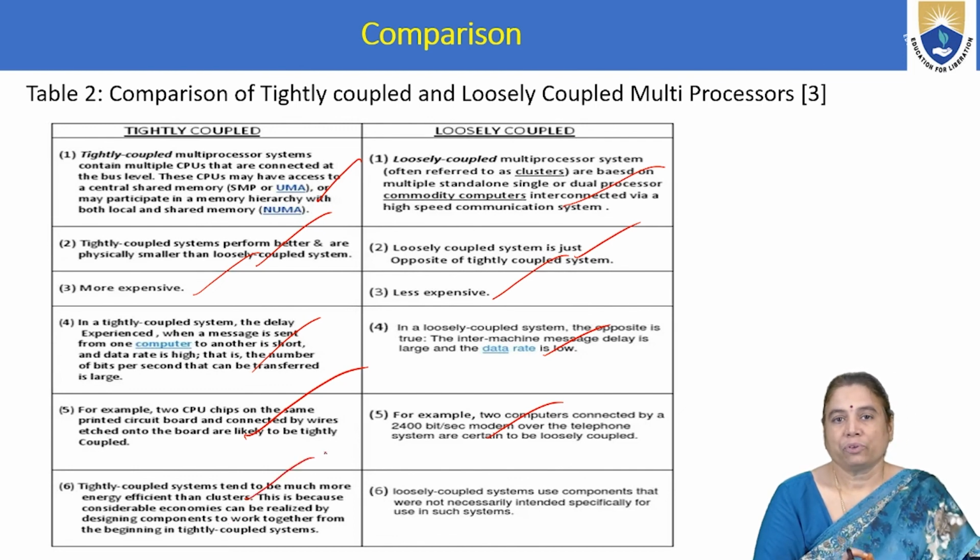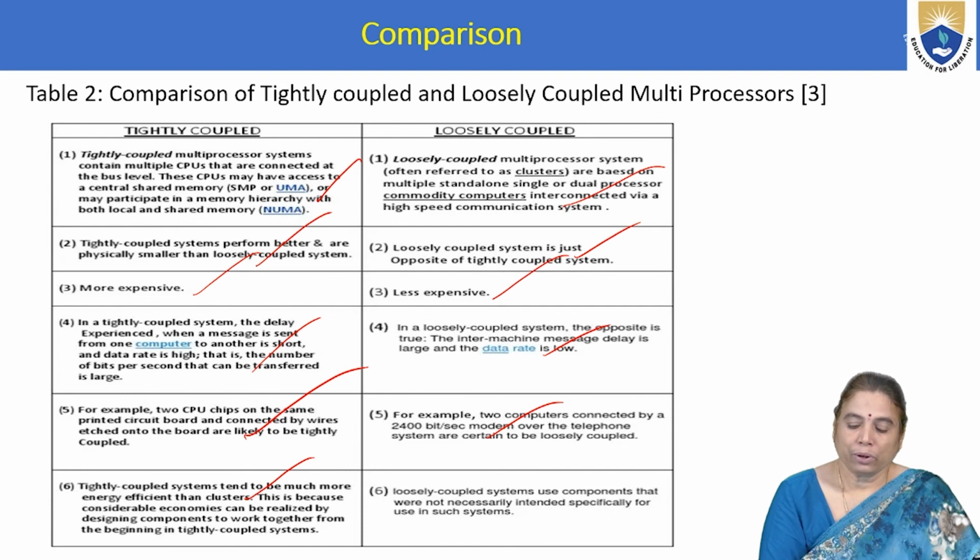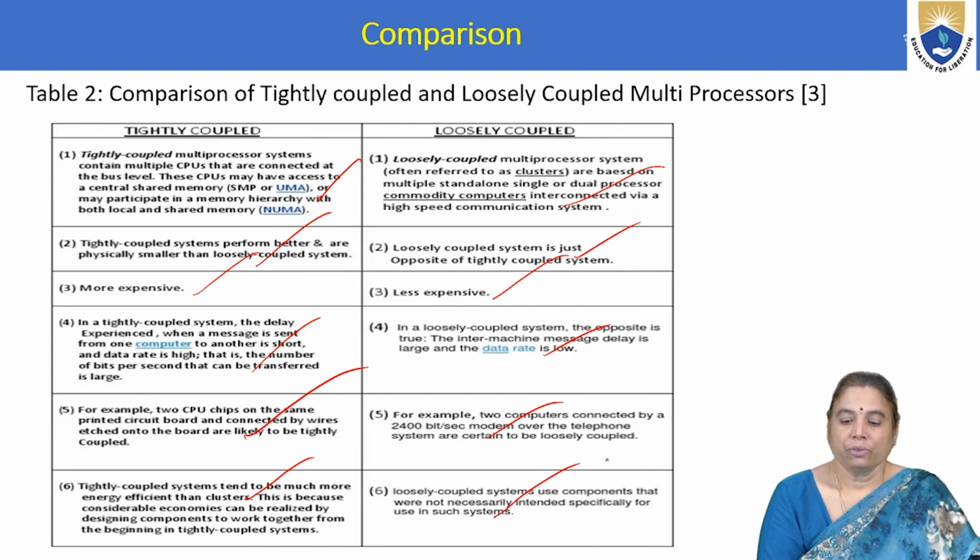The data can be stored as clusters, so that whenever required they can be exchanged between the processors. Loosely coupled systems use components that were not necessarily intended specifically for use in such systems. So these are the various factors that can be used for comparison of tightly coupled and loosely coupled multiprocessors.